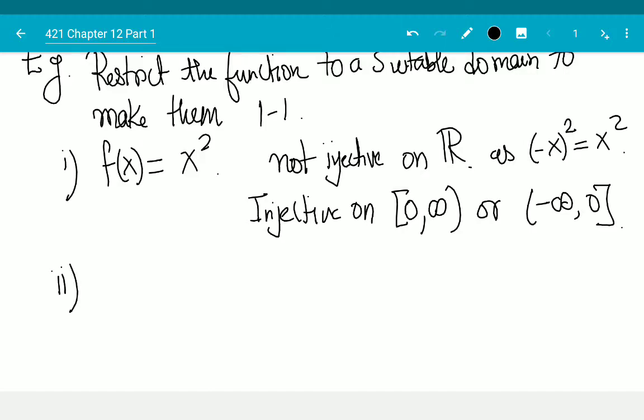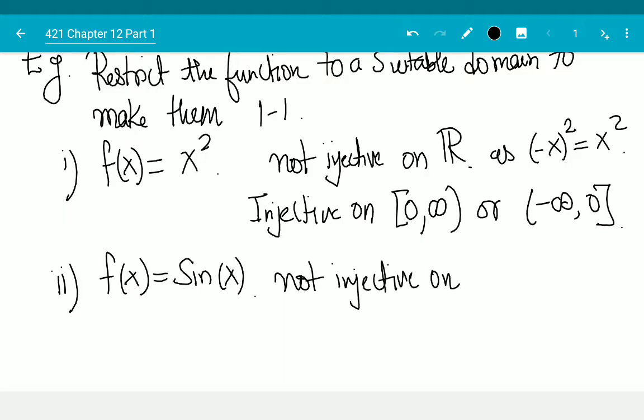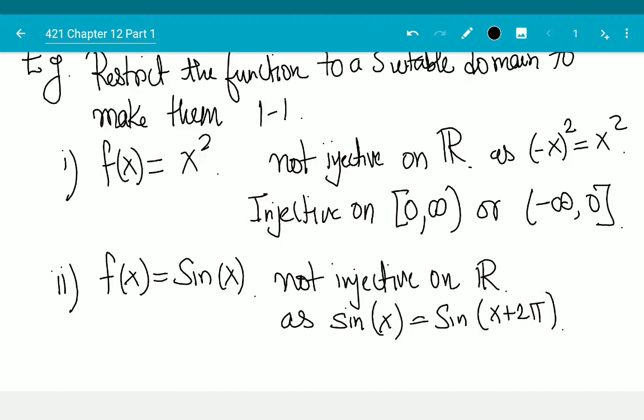Second, f(x) = sine x. Again, it is not injective on the domain, which is R, as sine of x is equal to sine of x plus 2 pi, right?